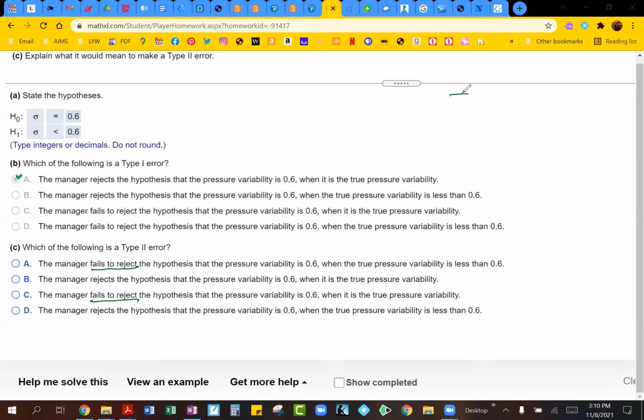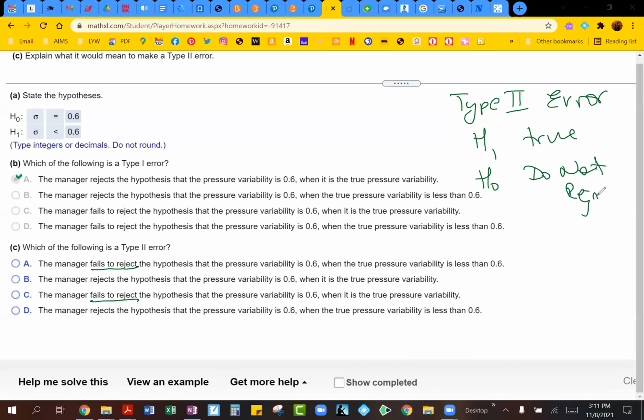So type 2 error is when the alternative hypothesis is true, but we do not reject the null hypothesis.